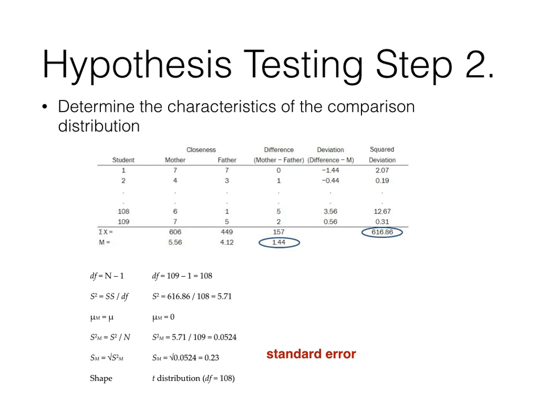The shape of the distribution, again, is a t-distribution where the degrees of freedom is equal to 108. So that's the shape of our comparison distribution. Those are all the things that we needed to do in step 2 about determining the characteristics of this comparison distribution, the thing that we want to see how our sample of difference scores measures up to, what would be defined by the null hypothesis.